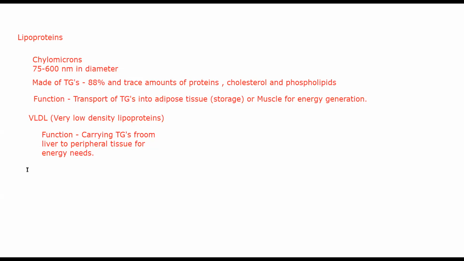Then we have intermediate density lipoproteins, IDL. Now intermediate density lipoproteins will be smaller. They'll be around 25 to 35 nanometers in diameter, and they are generally converted into LDL. The problem with IDL is that IDL and LDL are responsible for the formation of atheromas.